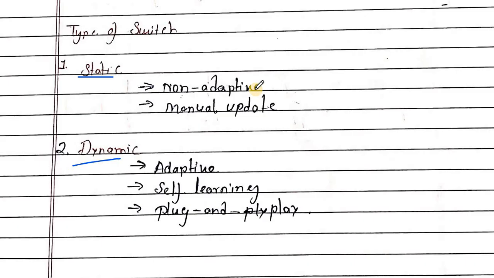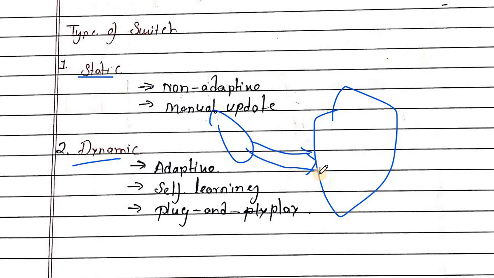The dynamic type of switch is adaptive, self-learning and plug and play. Means in an adaptive type of switch, if we connect a node or host to the switch, the switch sends a signal to the host and gets the MAC address.